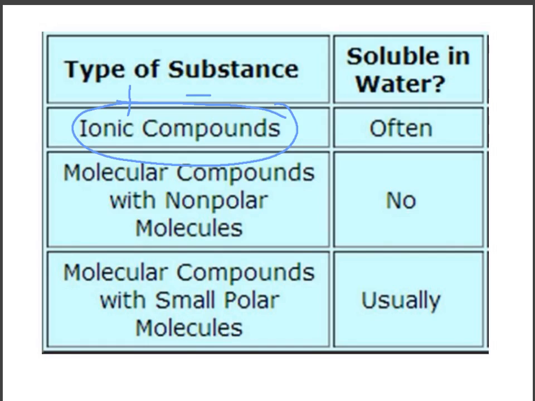The ions of the ionic compounds easily combine with the molecules of water. So the water molecules and the ions coming from ionic compounds are easily attracted, and when that happens, ionic compounds are often soluble in water.